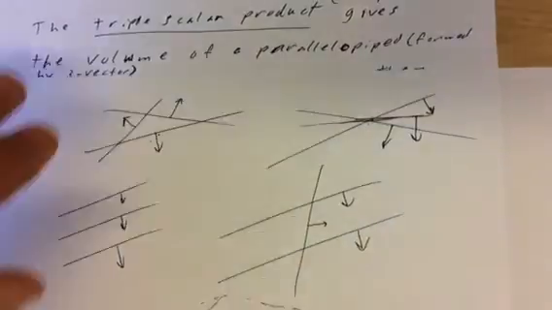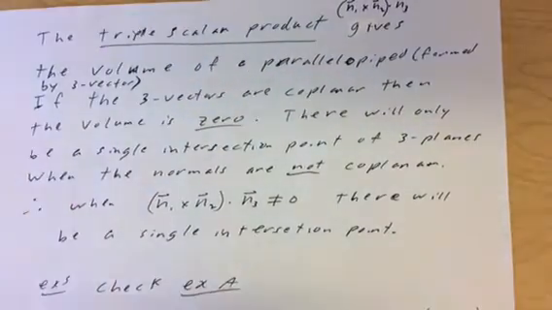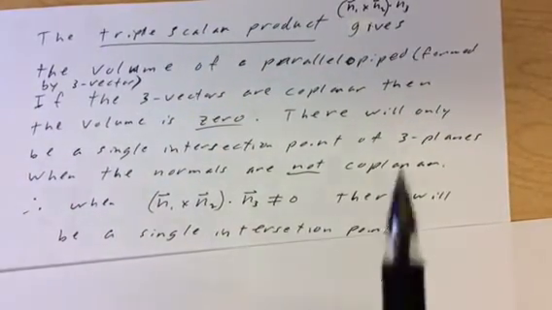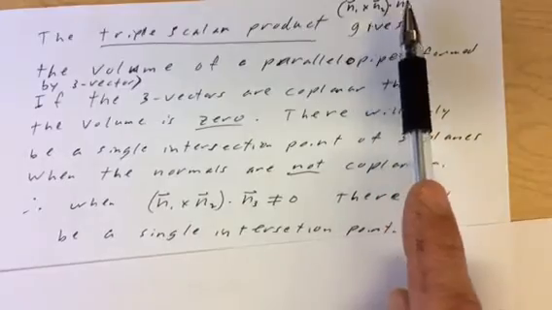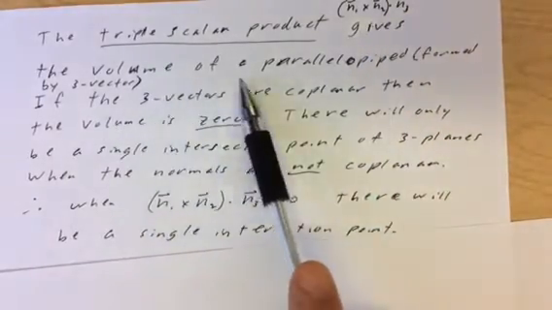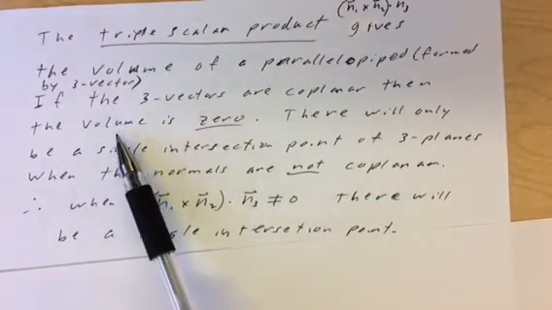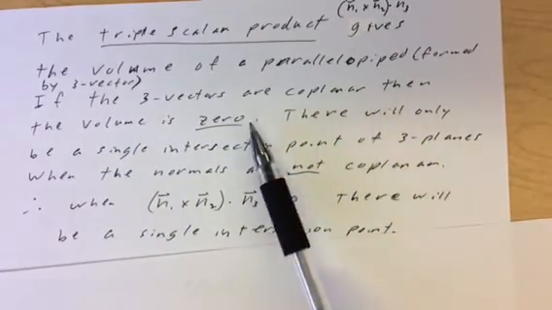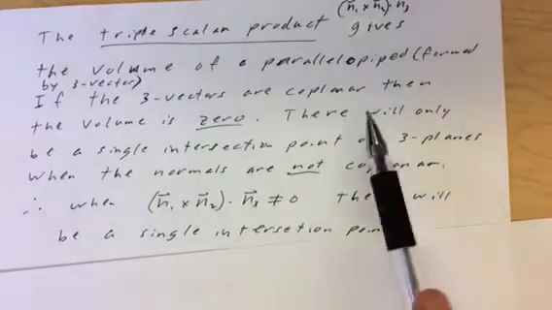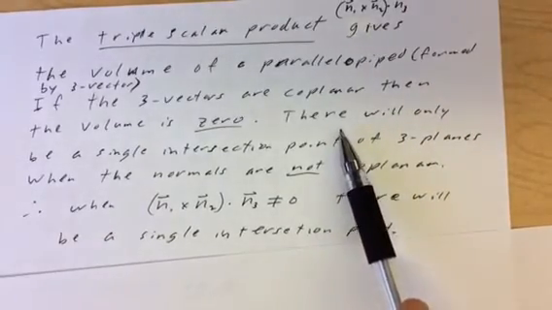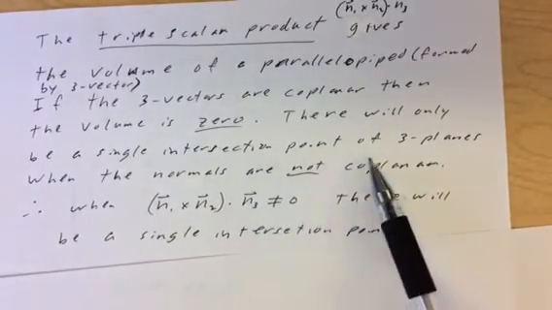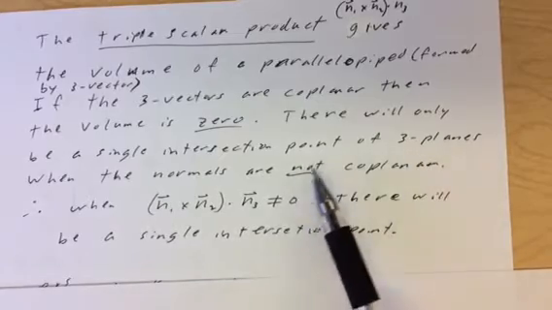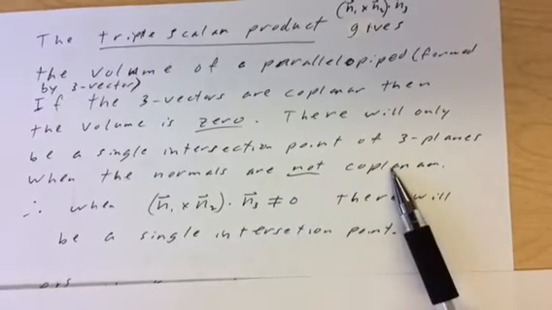Okay, so here's what I've written out here for you. The triple scalar product, n1 cross n2 dot n3, gives the volume of a parallelepiped formed by the three vectors. If the three vectors are coplanar, then the volume is 0. This is just what we said. There will only be a single intersection point of three planes when the normals are not coplanar.